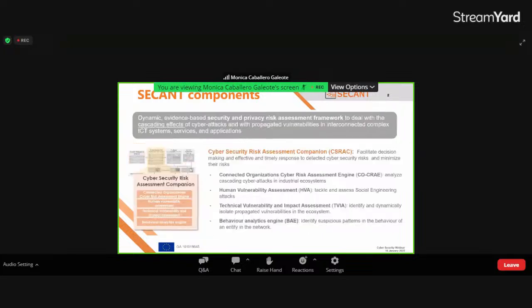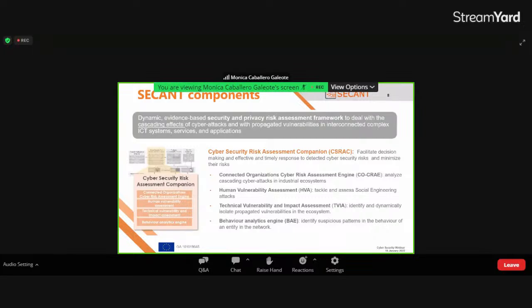The second main model is a dynamic and evidence-based security and privacy risk assessment framework that will deal with the cascading effects of cyber attacks and with propagated vulnerabilities. Here, we are developing the cybersecurity risk assessment companion that will facilitate decision-making and effective, timely response to the risks that are detected, so they can be minimized.